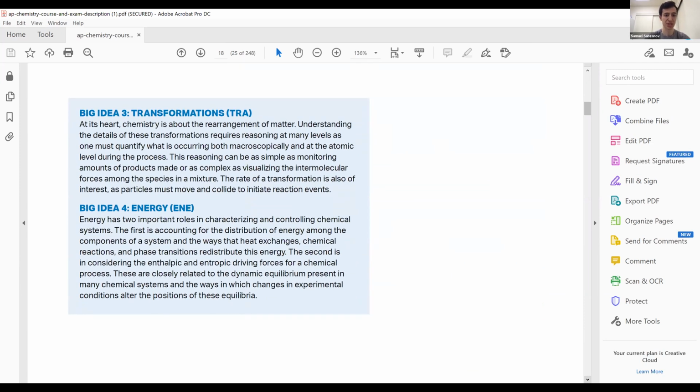So transformations of matter are another fundamental way of thinking about chemistry. Of course, everyone knows that you have solid, you have liquid, and you have gas, but actually at the atomic level, it's not so distinct. In a solid, you have molecules that are in some proximity to each other, and this proximity is different between gas and liquid.